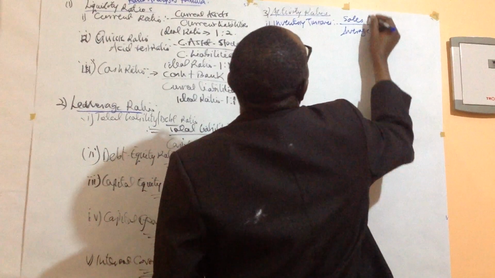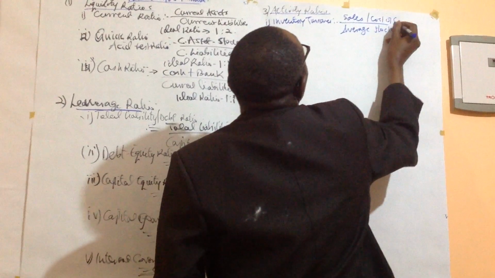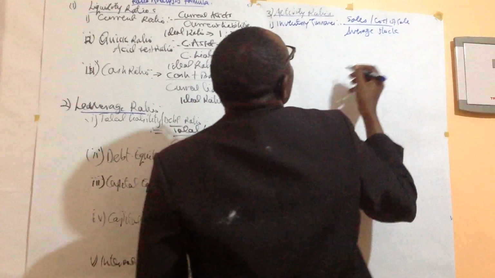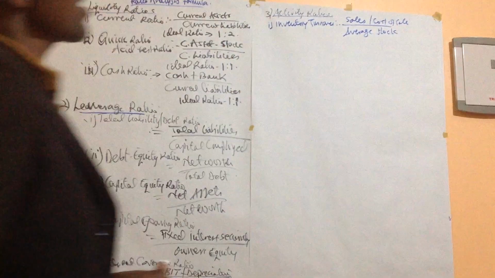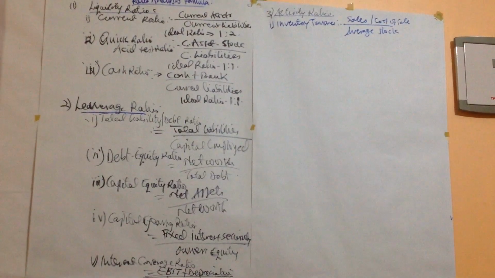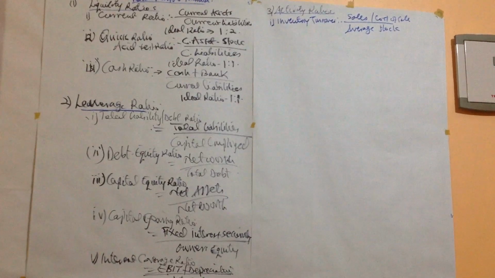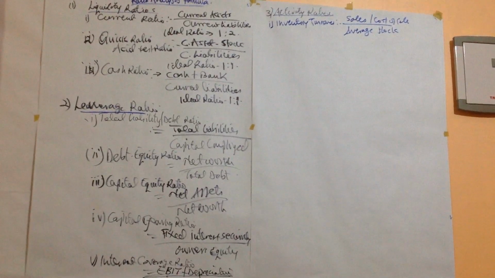So we say sales or the cost of sales over the average stock that you have. That's the formula for inventory turnover.